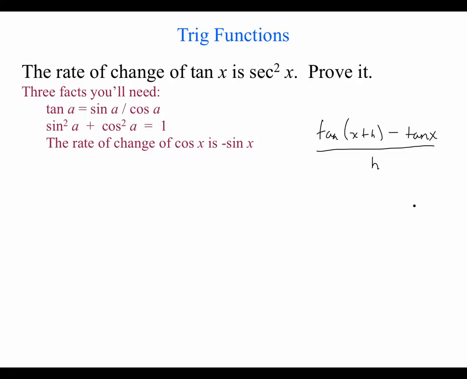You can start by saying, oh, well, tangent is sine divided by cosine. So rather than starting with the difference quotient, we can start by changing tangent to sine over cosine and find the rate of change of sine over cosine.